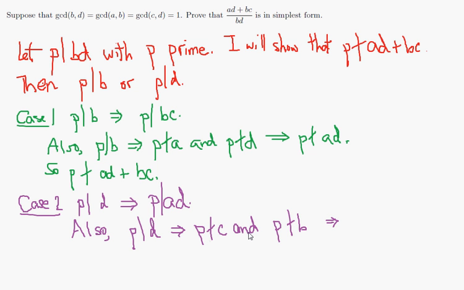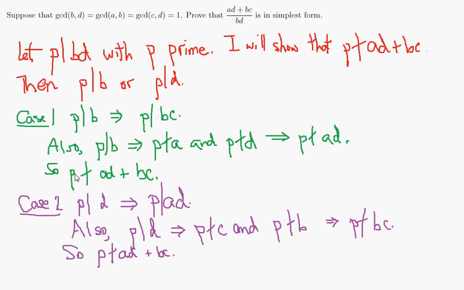And so if p does not divide c and p does not divide b, that implies that p does not divide b times c. So p does not divide a times d plus b times c.